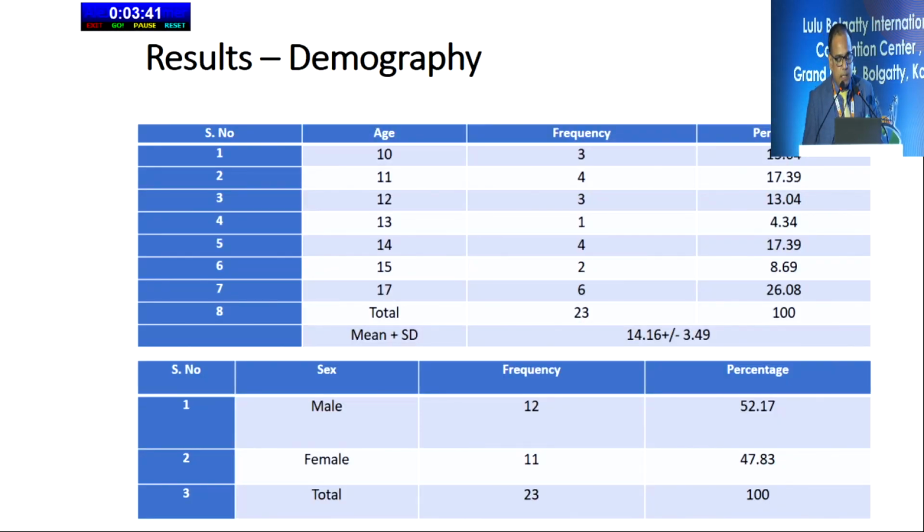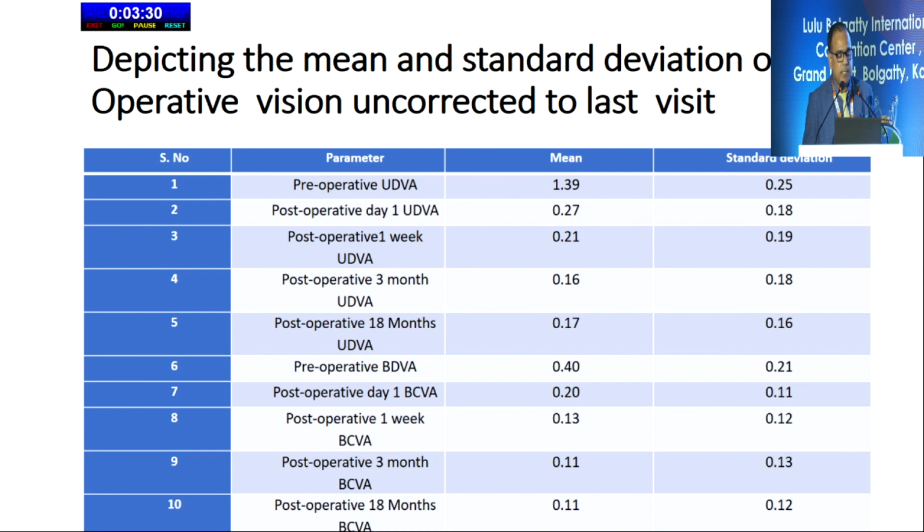Demography: the mean age was 14.16 plus minus 3.49 years, and 52% were male and 47.83% were female. This table depicts the mean and standard deviation of preoperative vision, uncorrected to last visit.